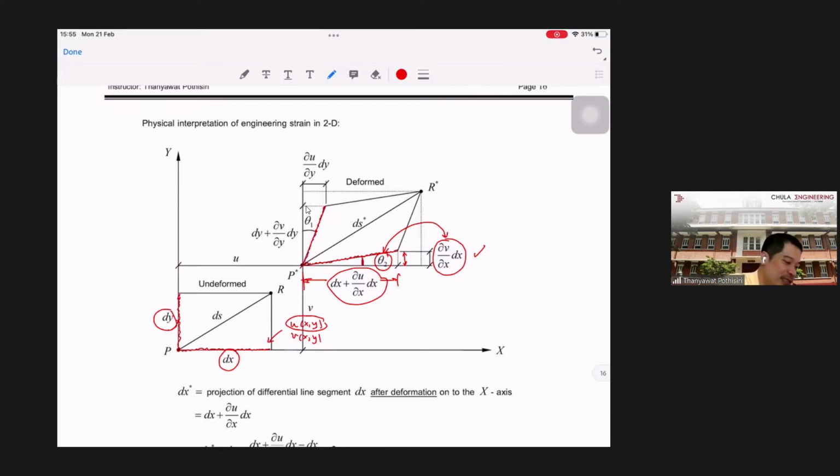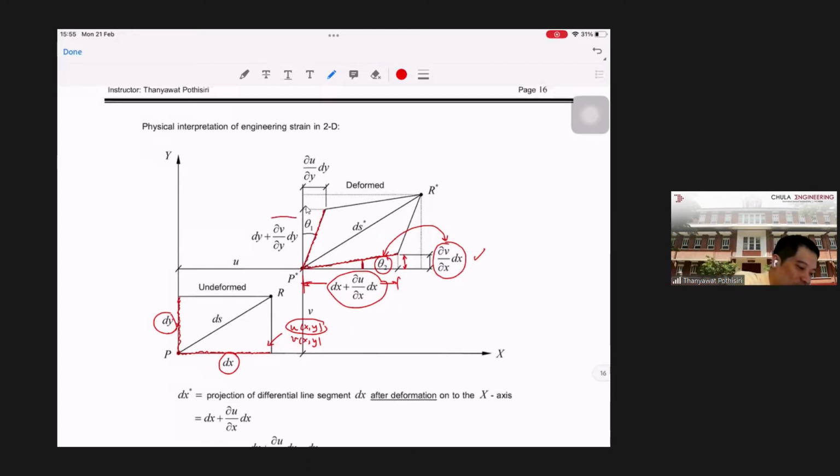So again, if you want to see how much dy has elongated or contracted, then you must take a look at the displacement function v, right? So displacement in y direction. So you get this term right here, to tell you this magnitude or this dimension.